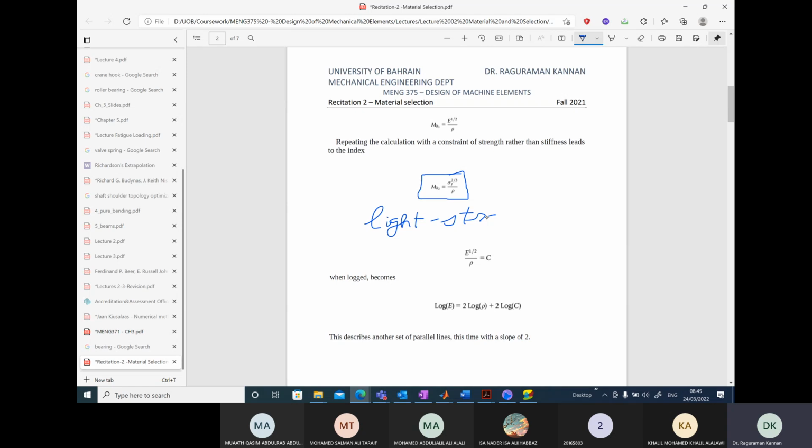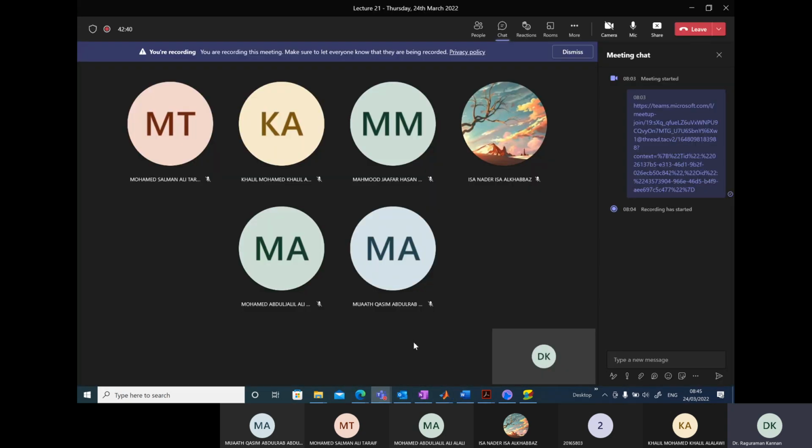How would you derive the material index in this case? Can one of you derive it? Anybody?